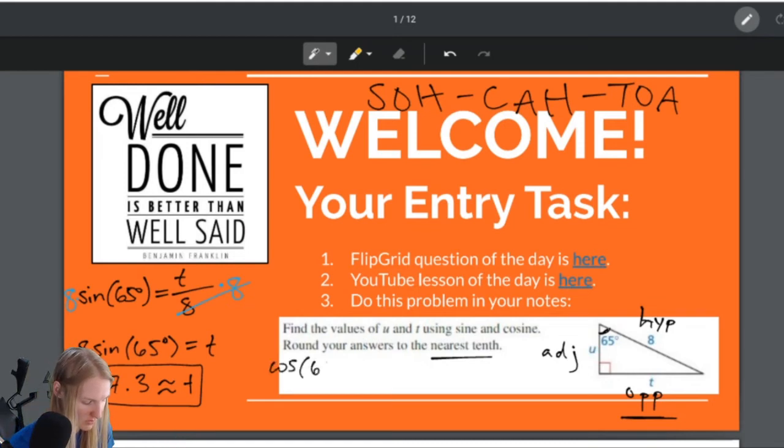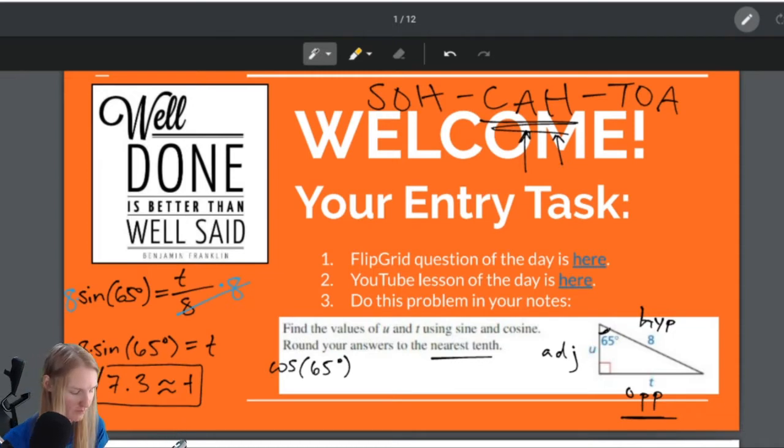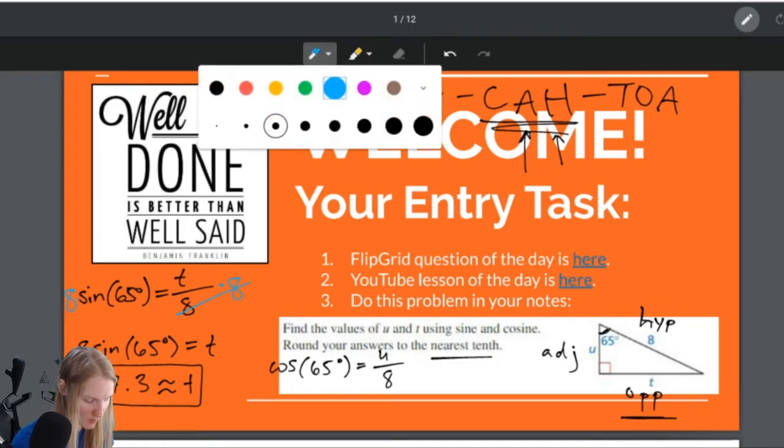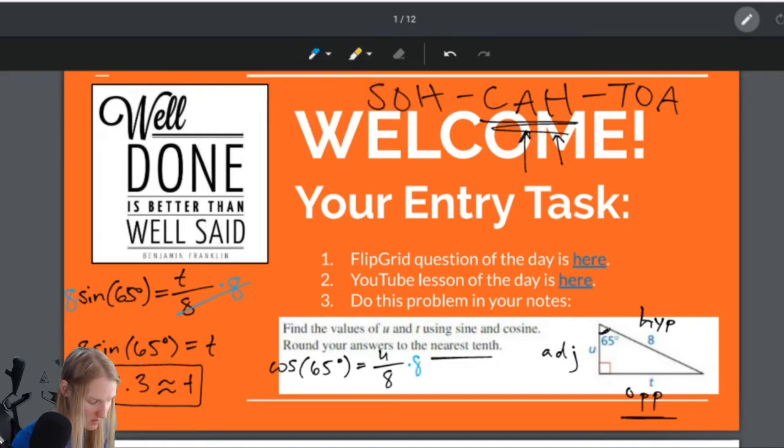Cosine of 65 degrees. Remember that cosine is adjacent over hypotenuse. That's what the A and the H stand for. So cosine of 65 degrees is u over 8. Same thing as last time. We're going to multiply by 8 on both sides to get those to cancel out.